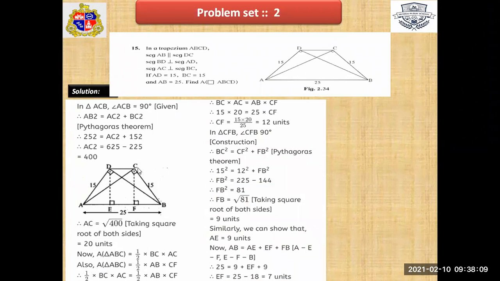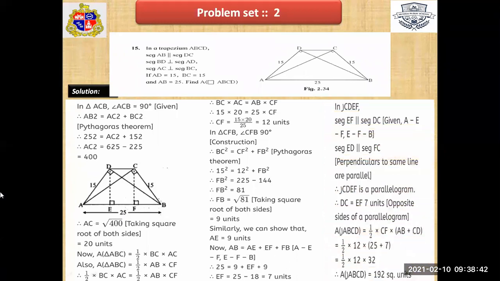In triangle CFB, apply Pythagoras theorem here and you get the value of FB. Then similarly we find AE. AB is AE plus EF plus FB, collinear points. As we have the values of AE, FB and AB, we find EF.